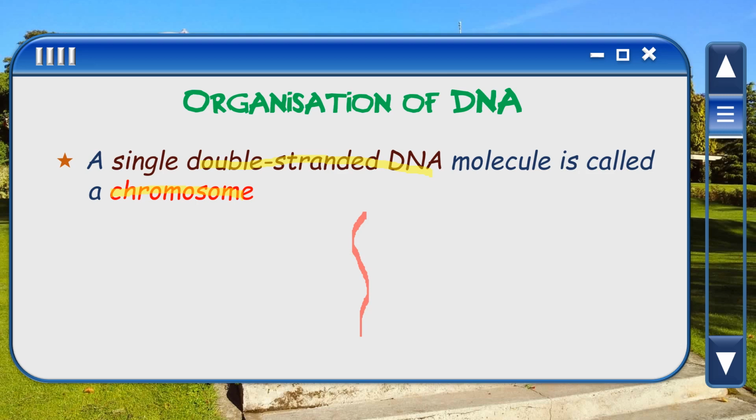When you look at it, it looks as if it is single-stranded, but it is double-stranded, though it is appearing single. So when it is like that, we refer to it as a chromosome.